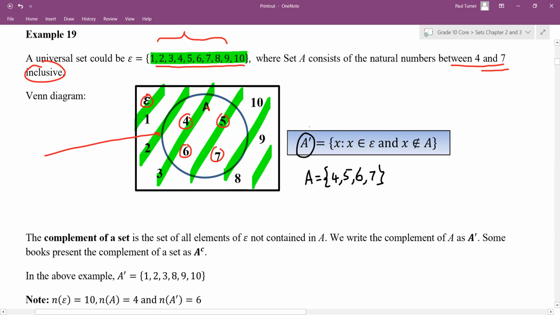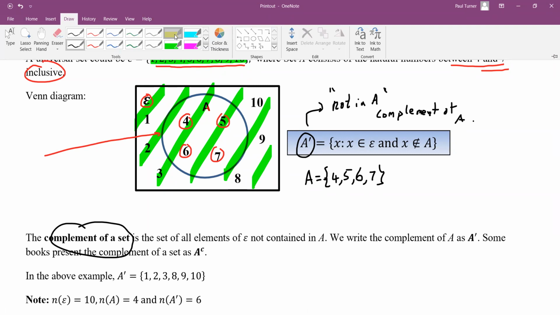So that symbol means complement of A. It means not A. It means not in A. Or in the book, it says complement down here. See that? Complement of a set. So complement of A. So that symbol is written as a dash here.